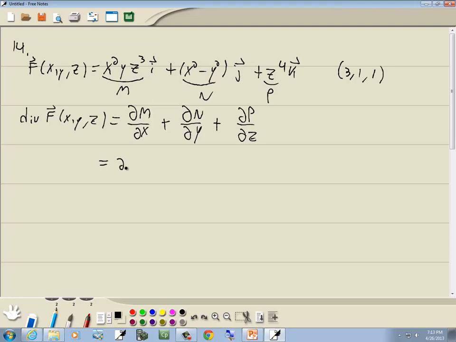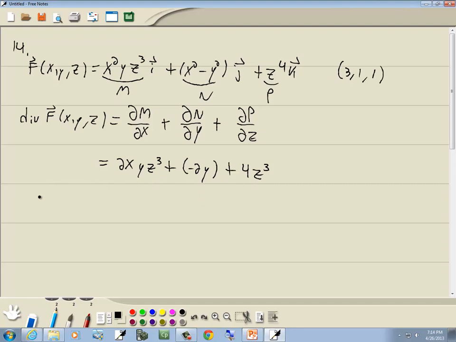So we've got 2X Y Z to the third. Plus the partial of N with respect to Y. The X squared drops away, and that becomes negative 2Y. Then the partial of P with respect to Z becomes plus 4Z to the third.